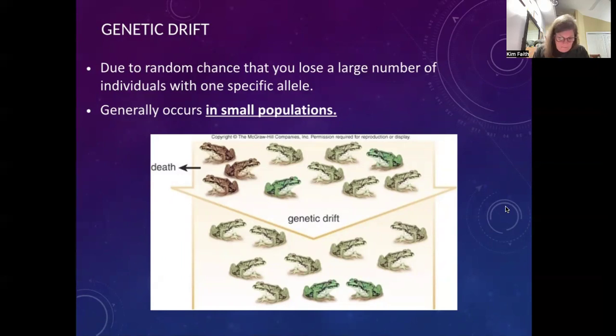In this case, the poor brown frogs happened to be in the wrong place at the wrong time, and they got killed. They got taken out of the population. Now we just lost the brown gene, right? It had nothing to do with that brown gene being a positive or negative influence on that frog's ability to survive. It was just a freak thing that took them out.